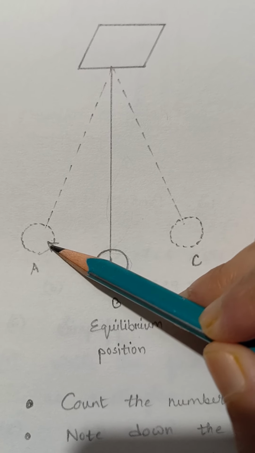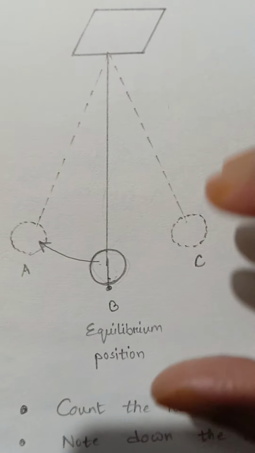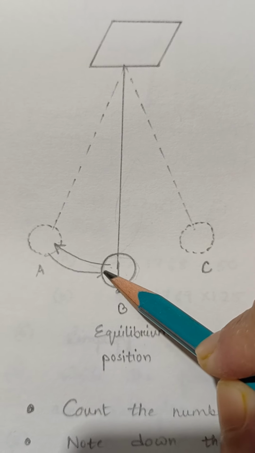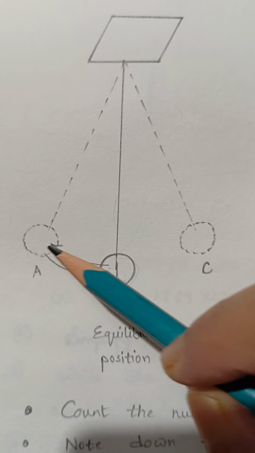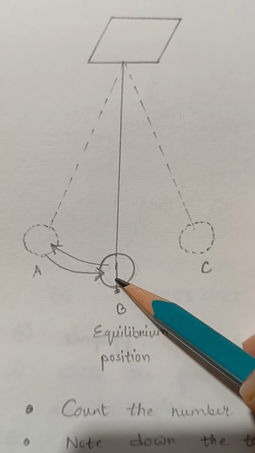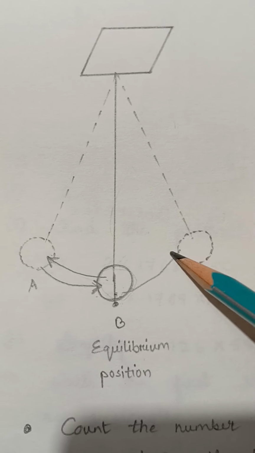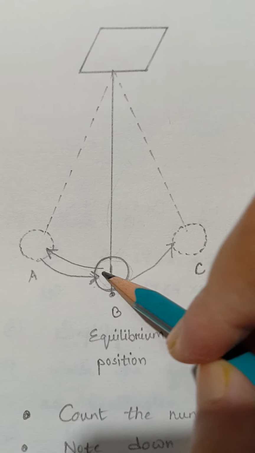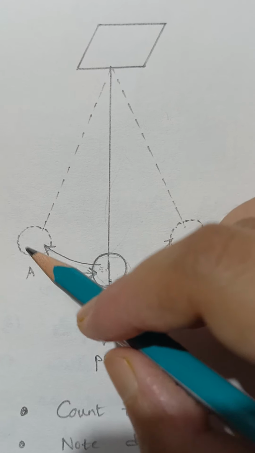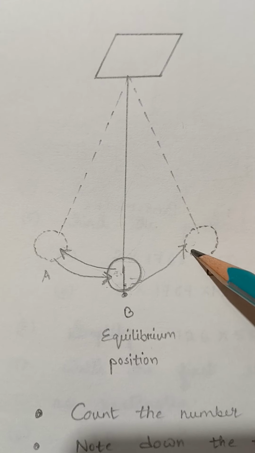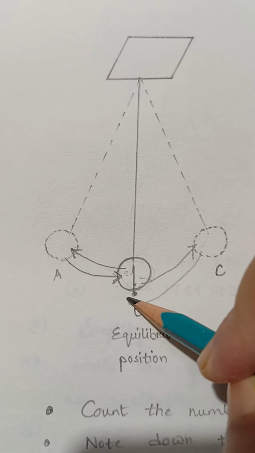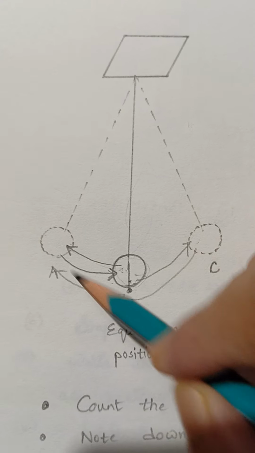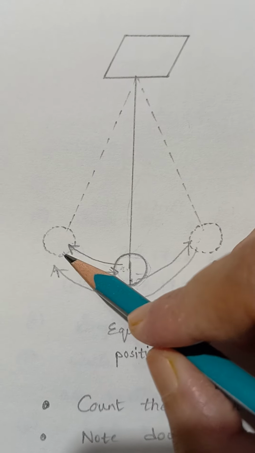You take the bob up to position A and you leave it, and it comes to position B after some moment, then from B it goes to position C. Again from C it moves to B, then from B to A. This completes one oscillation. It starts here and it ends here.